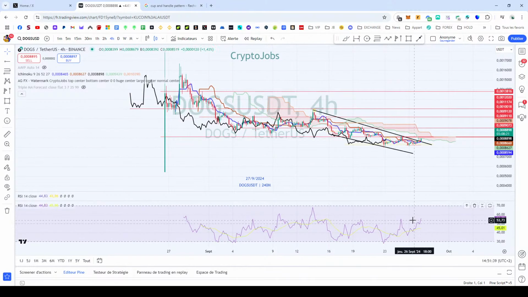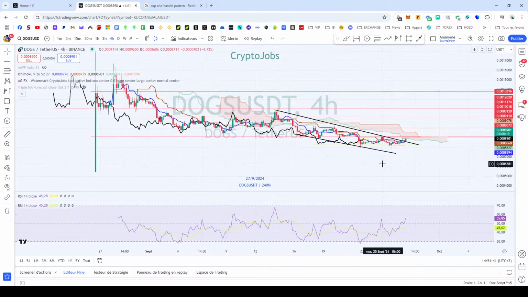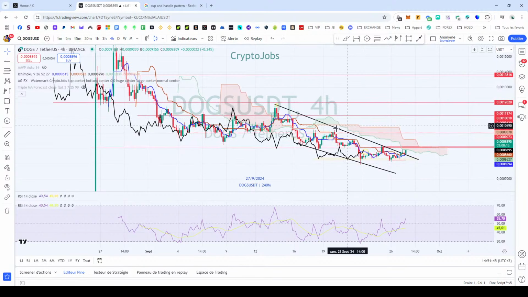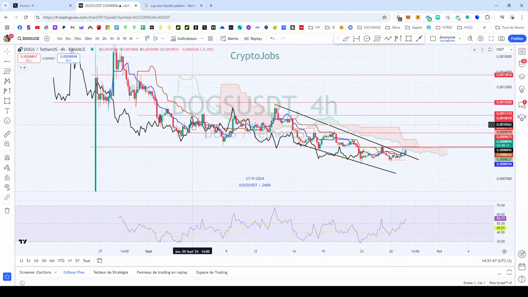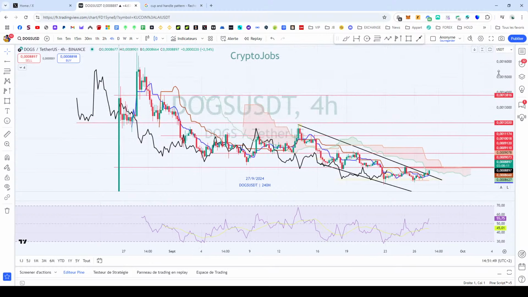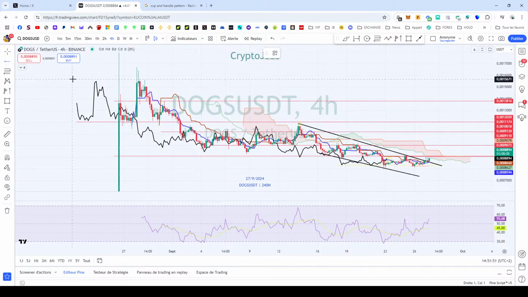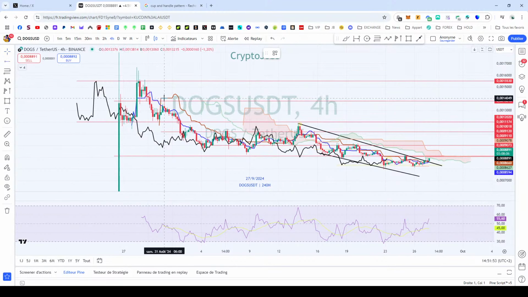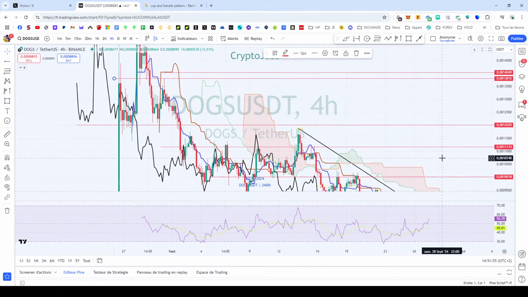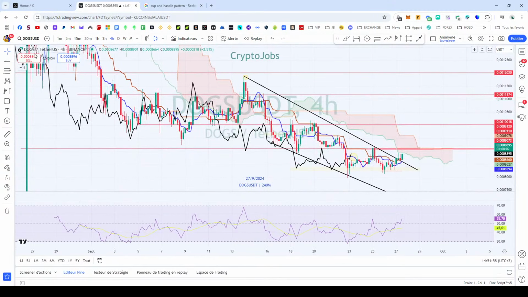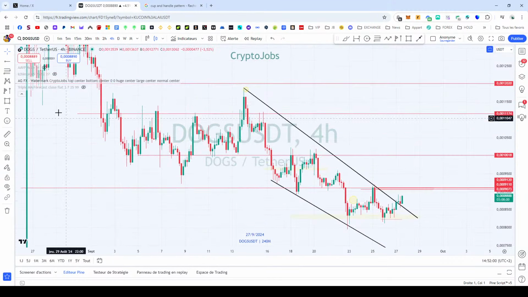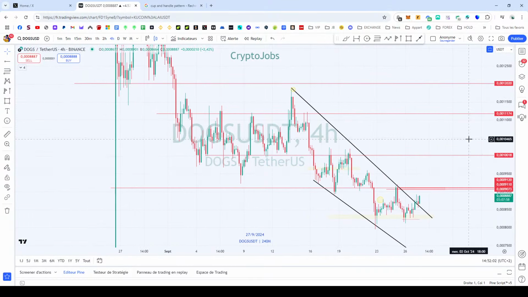Look at also the RSI, it's climbing higher and higher because people are rushing into the price, anticipating another possible reversal. And the market looks especially good during that mini bull run.